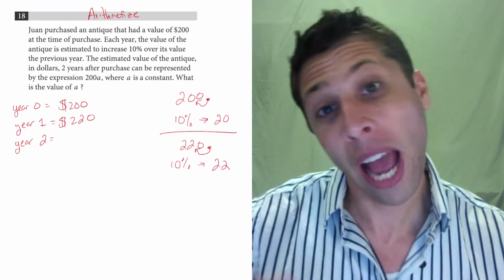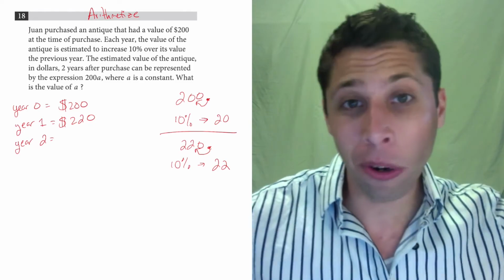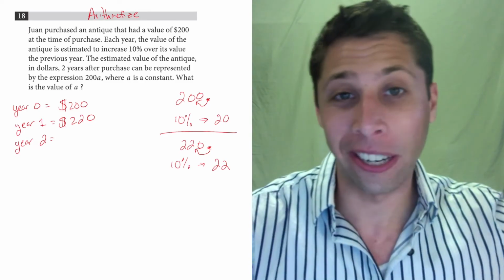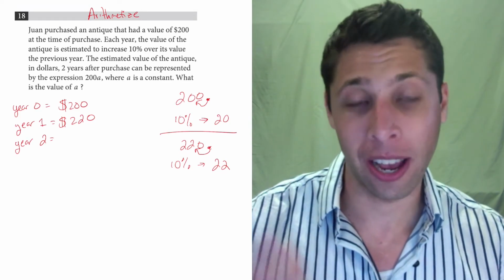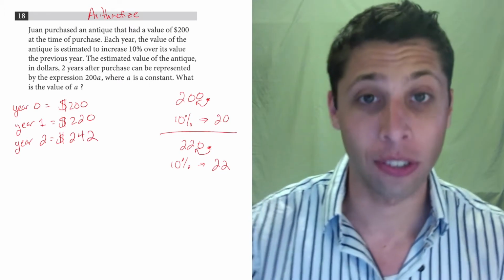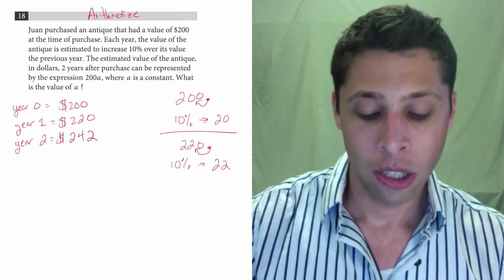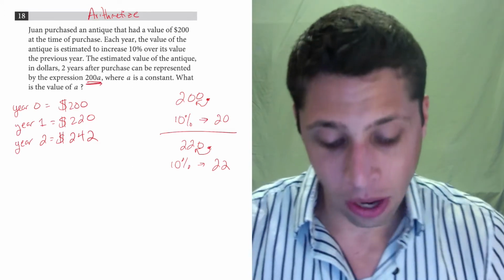And that's what happens with exponential growth, is as we add more, we add more. It gets bigger faster. So we add in $22 this time, and we get a total of $242.